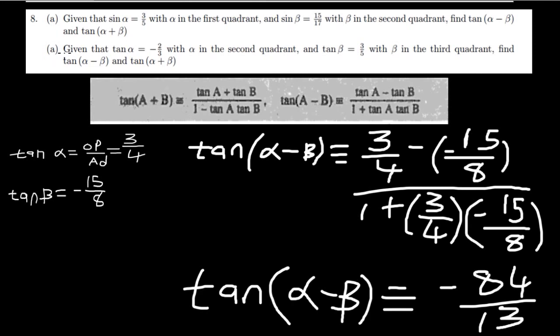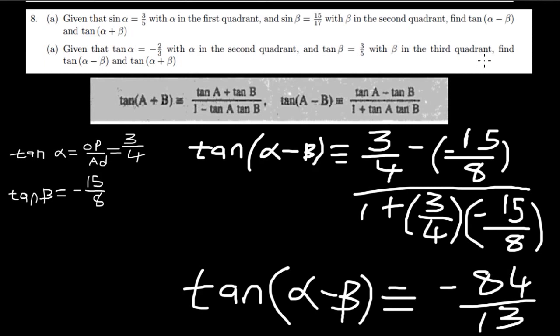Same applies to the second part of question 8. This one is even more straightforward because there is no need to use triangles to find tan, you just go straight. Where there is tan alpha, you put negative 2 over 3. Where there is tan beta in these equations, you put 3 over 5.